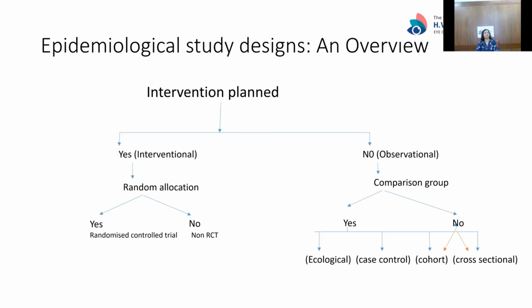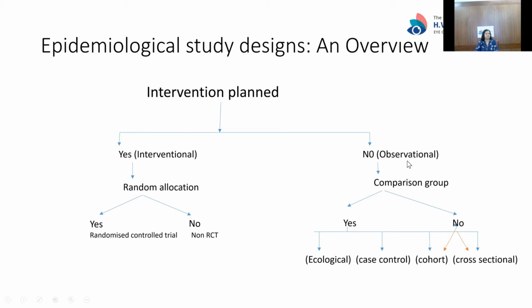Now, most of the clinicians would be involved in quantitative study. So just a brief information on various study designs. Depending on whether one plans intervention or not, the study could be either interventional or observational. So if an intervention is being planned, then whether there is going to be a random allocation of the intervention or not will decide whether it is going to be a randomized control trial or non-randomized control trial.